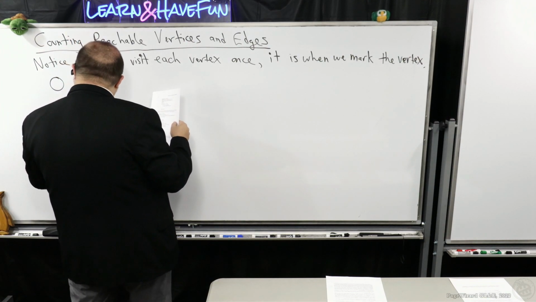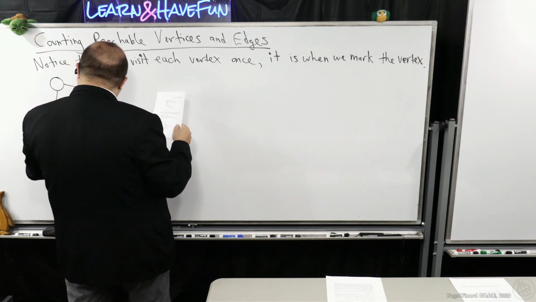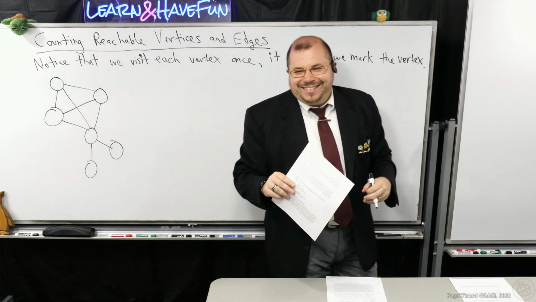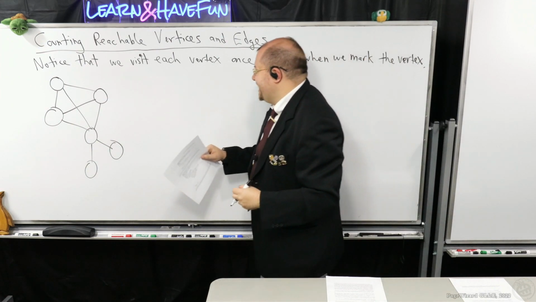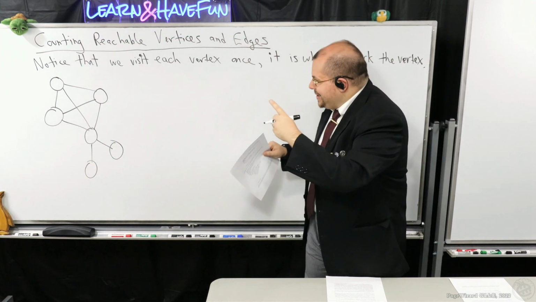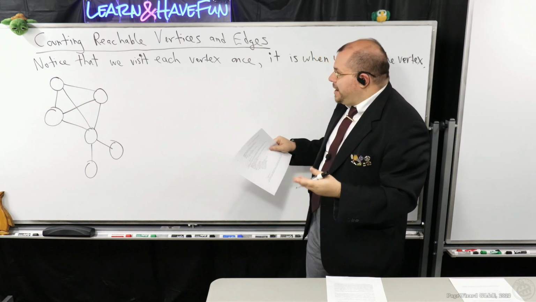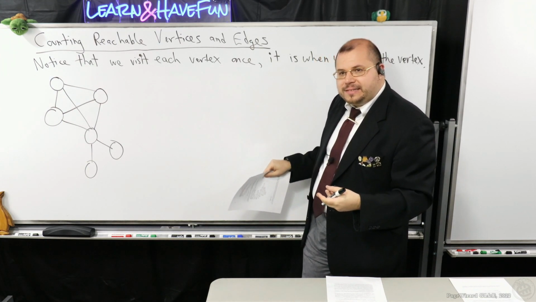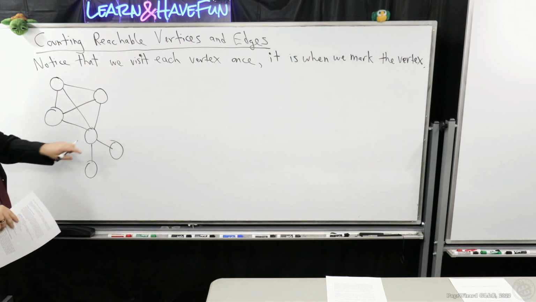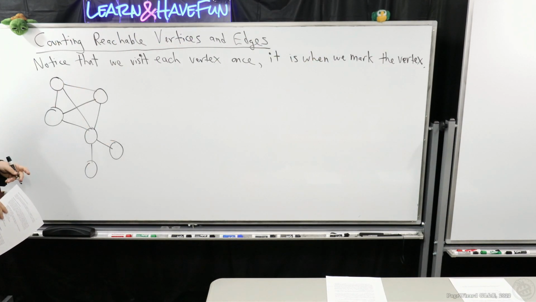Say this is my network of friends, okay? It's not very big, although I'm always looking for more friends. So suppose that I wanted to count how many vertices are in this network or graph. So notice that I have 1, 2, 3, 4, 5, 6. And suppose that I would like to do this.